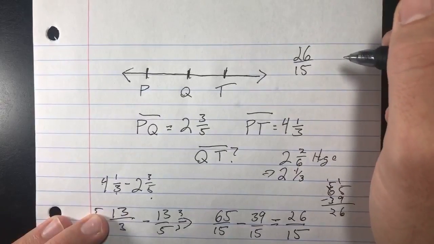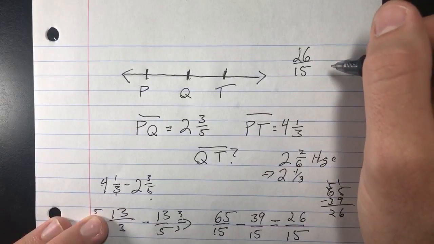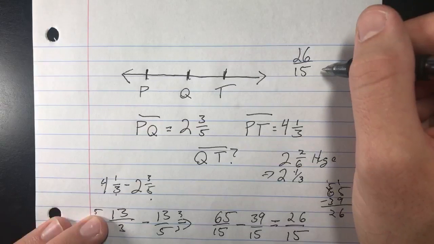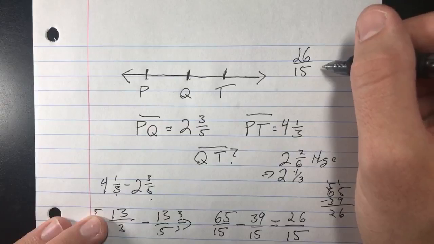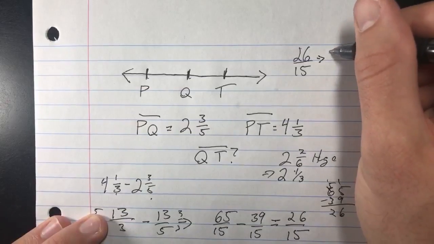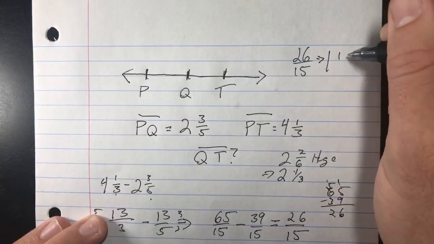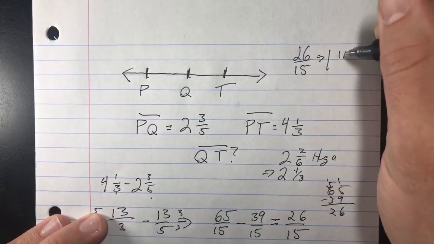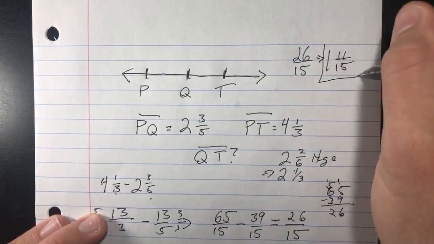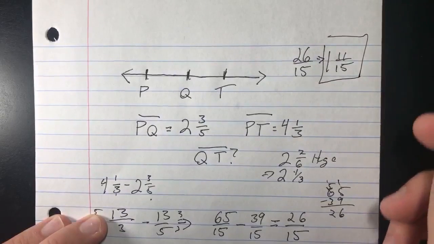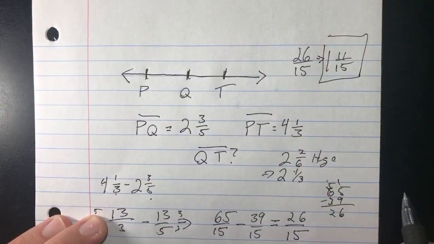Both of these can be divided by, no, they can't be divided by 3. Oof. So this would actually be 1 and 11/15. That would be our answer. 1 and 11/15.